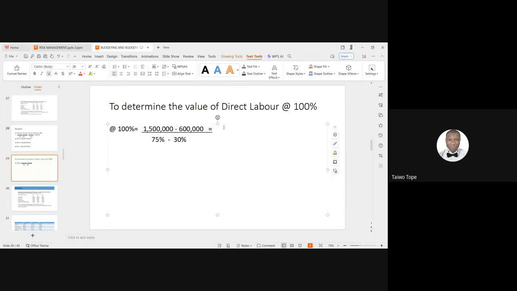Overall, it will be 900,000 divided by 45%, which is 2 million naira.